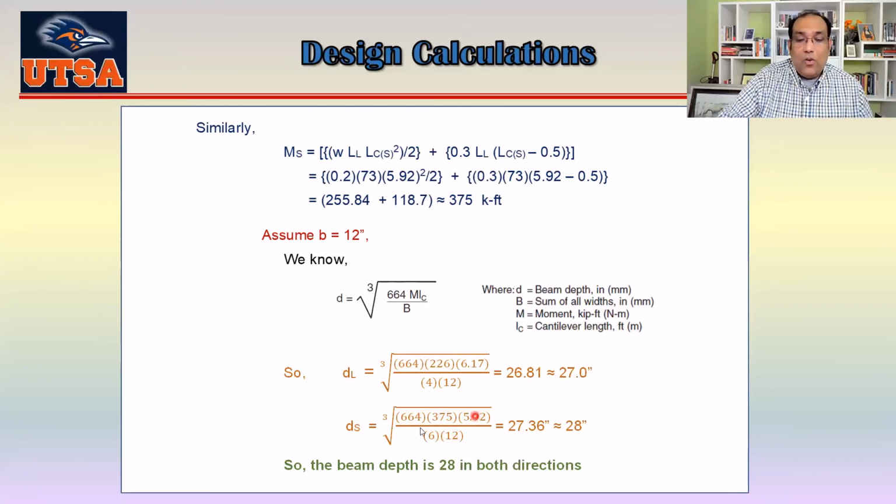If I calculate that one, my DS, meaning the depth of the beam in the short side, is 28. Since they are very close to each other, it's always better to use the same depth. Okay, so we are going to use 28 inch in both directions.